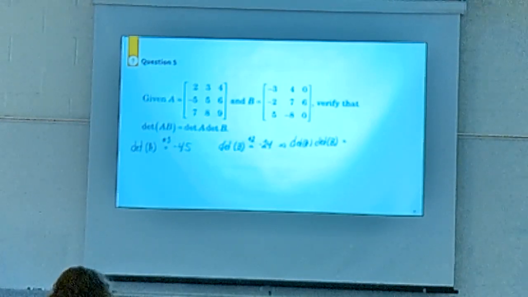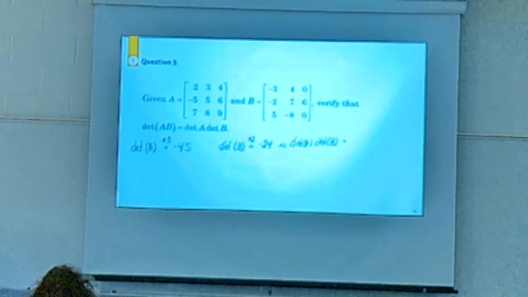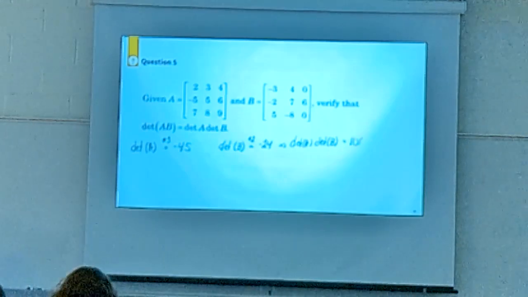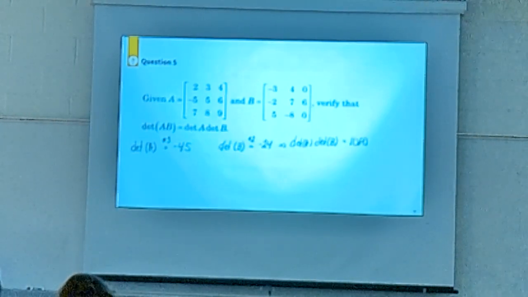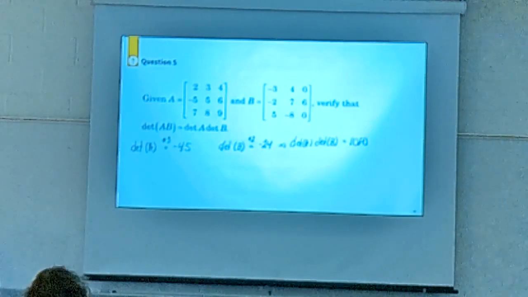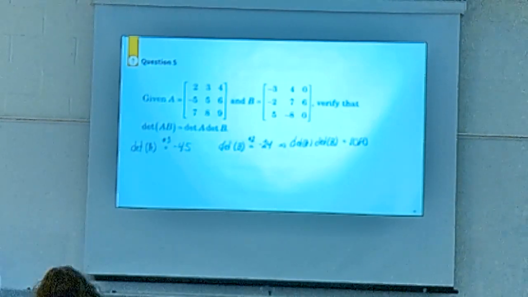Times 10. There's 45 times 20. 45 times 4. Now 900 plus 180. There's 45 times 24. See, it wasn't that difficult to do without a calculator. Just have to remember your algebra.